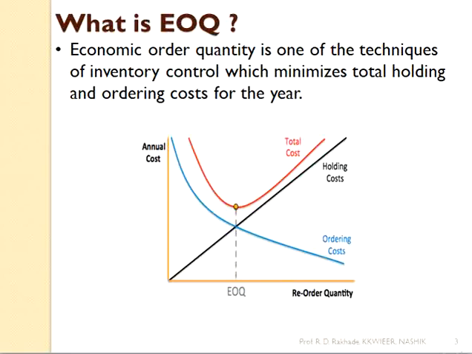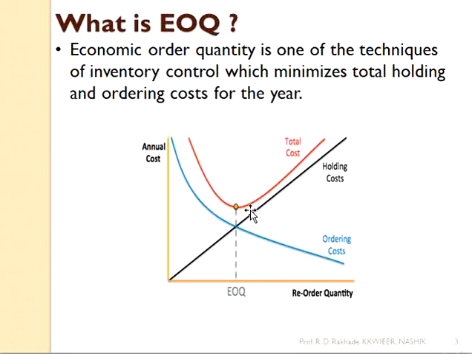Inventory control means stock handled by an organization, company or factory in terms of physical resources, maybe raw material, finished goods, semi-finished goods, or supportive elements, sub-assemblies, like that. So our main objective of EOQ is to minimize total holding and ordering cost for the year.